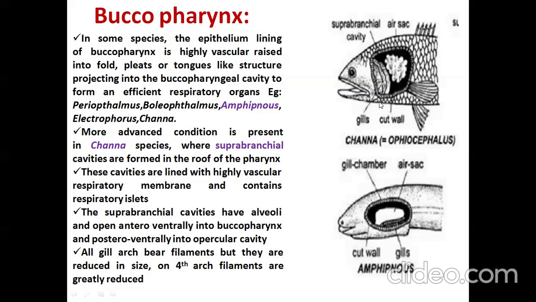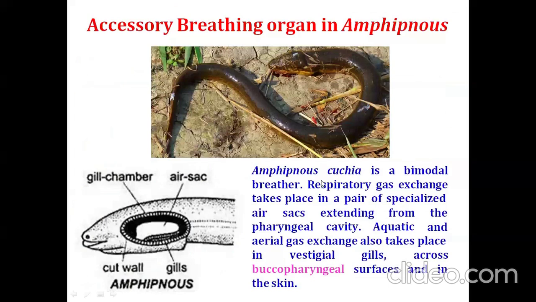So this is the structure of Chenna, and here it is about the amphipnous. Here also you have the respiratory islets, and this is called the gill chamber. Inside the gill chamber, you have the air sac. And this is the accessory breathing organ in amphipnous.